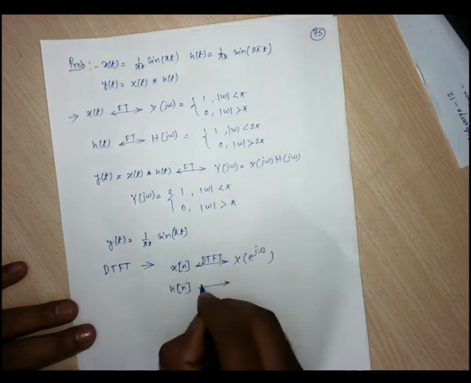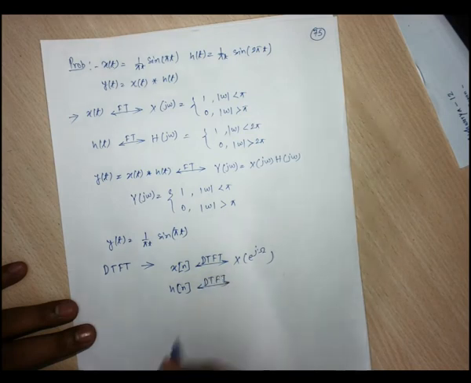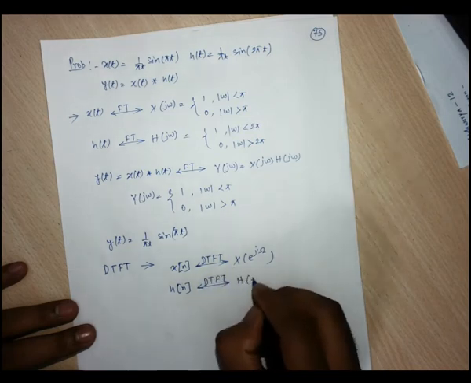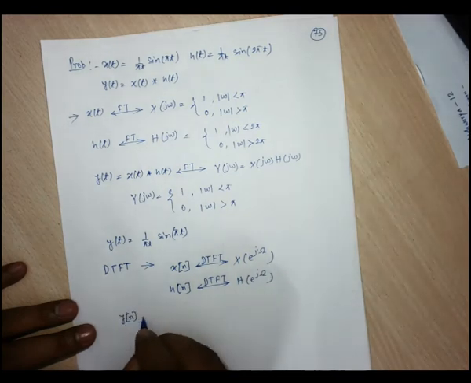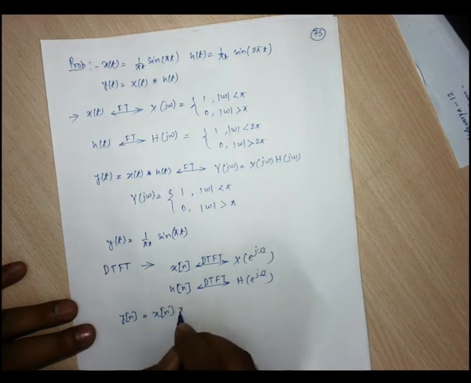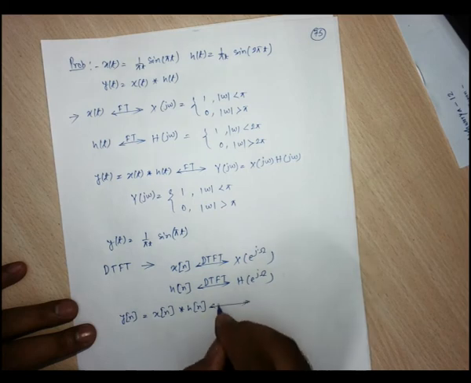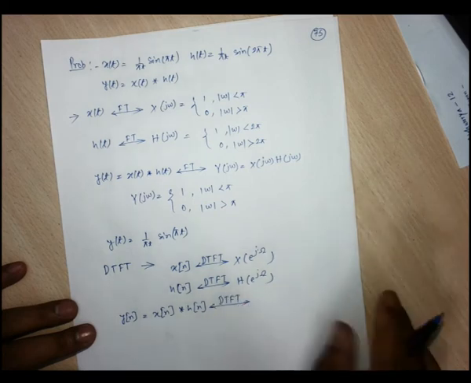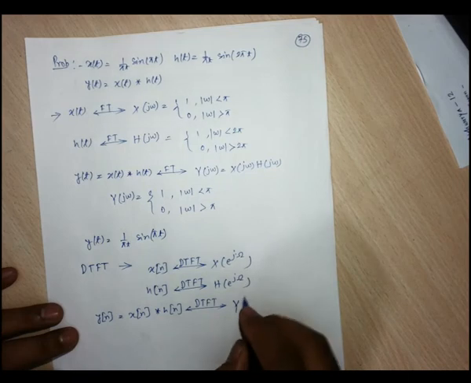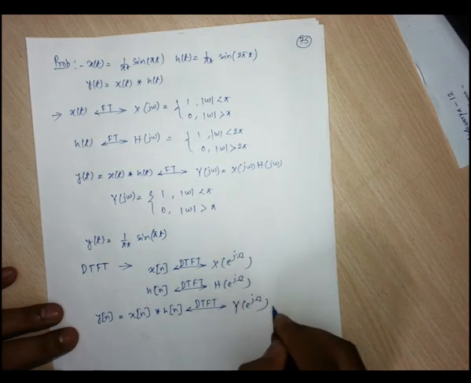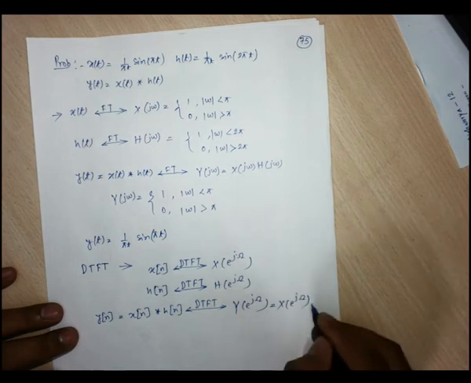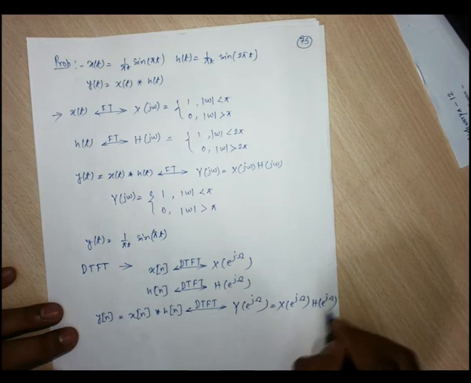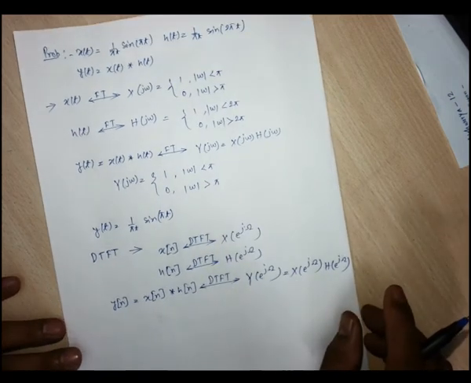We take the DTFT of this, which results in H(e^{jω}). Then y[n] is x[n] convolved with h[n]. If you take the DTFT of this, it results in Y(e^{jω}), the multiplication of X(e^{jω}) and H(e^{jω}). Okay.